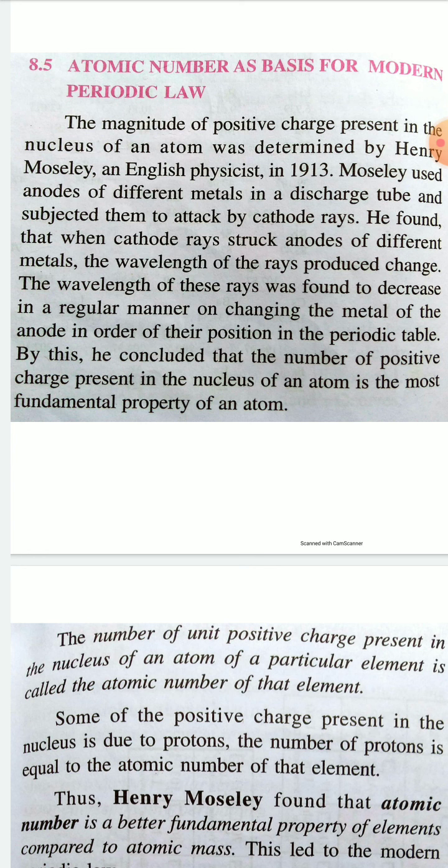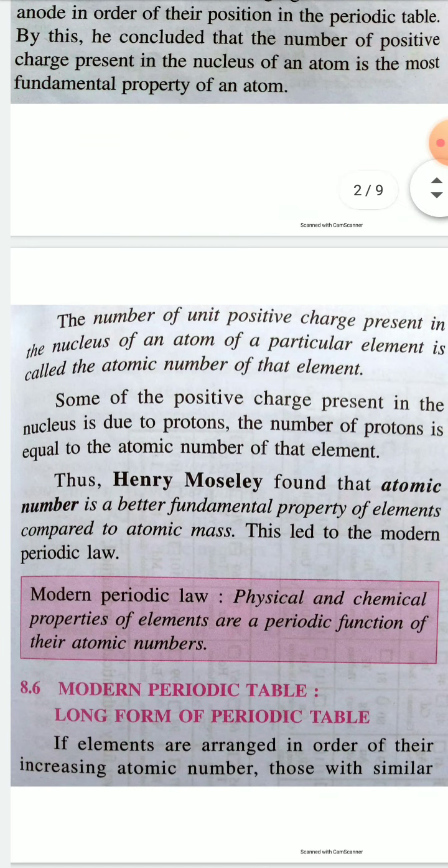Later, Henry Moseley, an English physicist, corrected the Mendeleev periodic law, and he gave the modern periodic law. And the modern periodic law is physical and chemical properties of elements are periodic function of their atomic number.